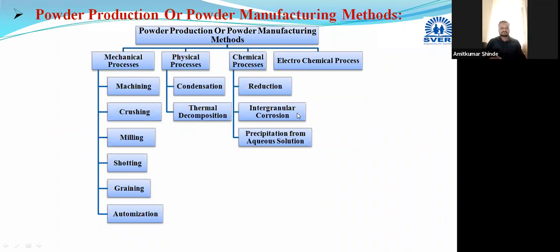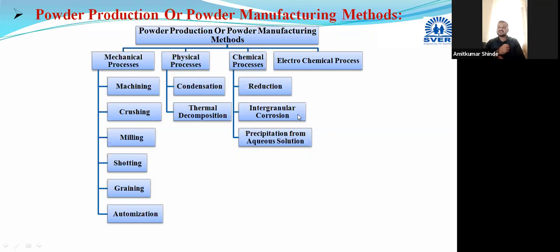Suppose one material is there, and this is the grain boundary, and inside it is the grain. When the material comes in contact with the corrosive environment, its boundary will corrode first, and after that the grains will corrode if there is more exposure to the corrosive environment.